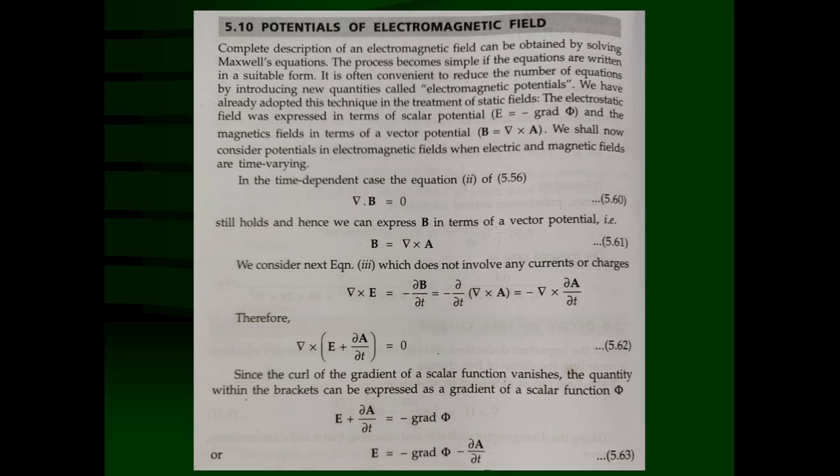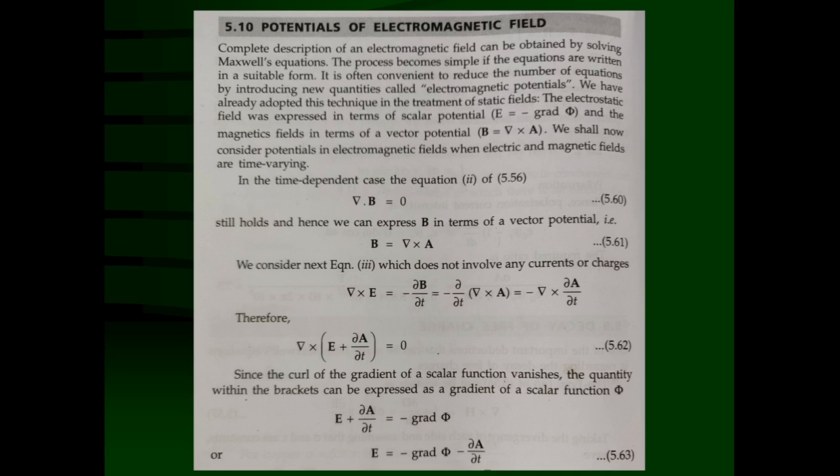Calculating and finding the potential is easier compared to the vector quantity electric field. And once the potential is found, we can apply del over here, and the gradient of a potential, that means of a scalar, is always a vector, and that way we can obtain the electric field. So this is what we have utilized in electrostatic conditions.